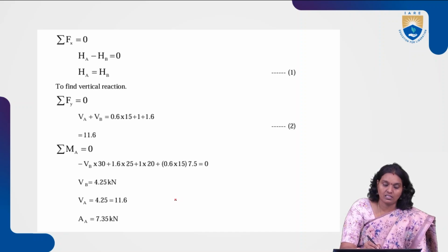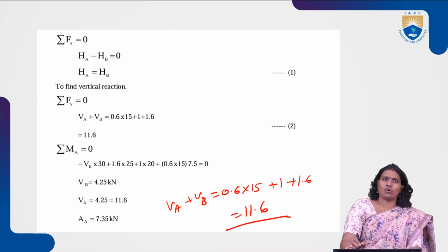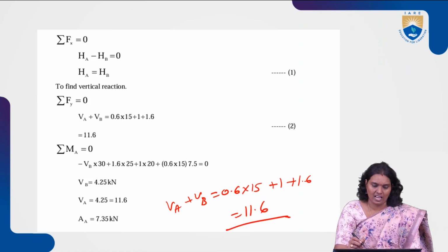So we know VA plus VB is equal to 0.6 into 15 plus 1 plus 1.6, that is equal to 11.6. This is the total load involved in the vertical reaction.